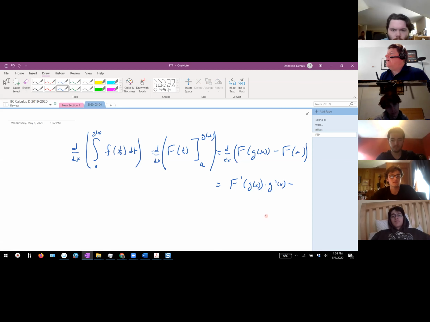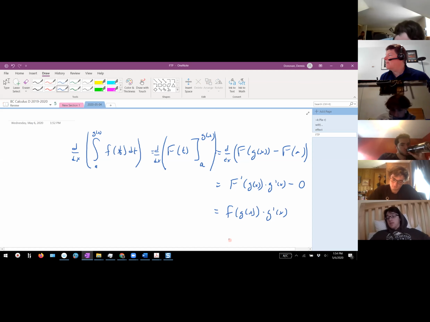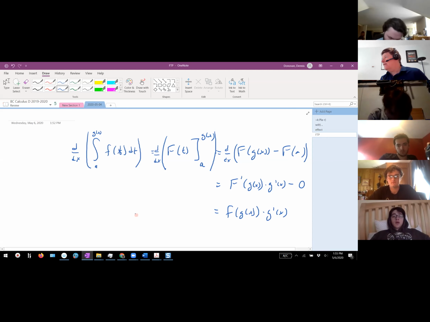Capital F of a is a constant, so 0. Capital F prime is small f, isn't it? So I don't take the derivative of that function. I just evaluate that function there, but then I have to multiply by the derivative of that, right?